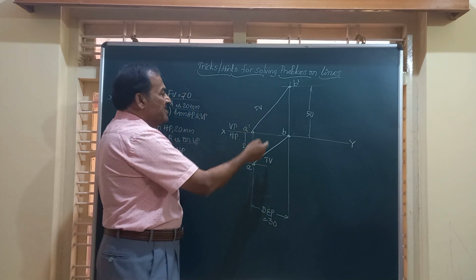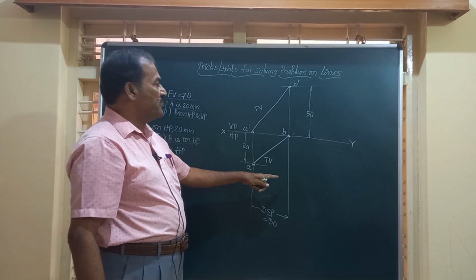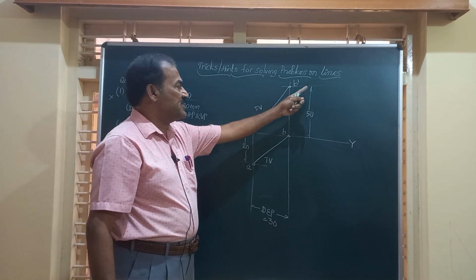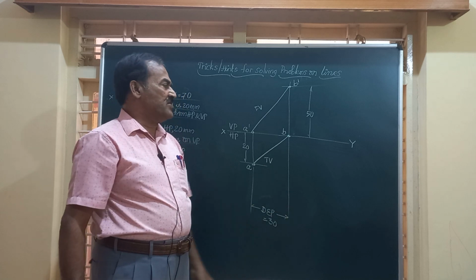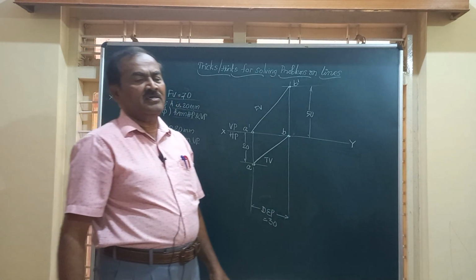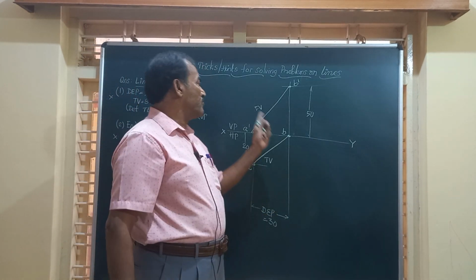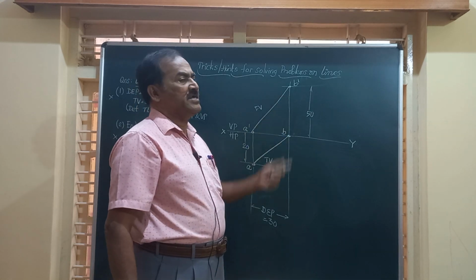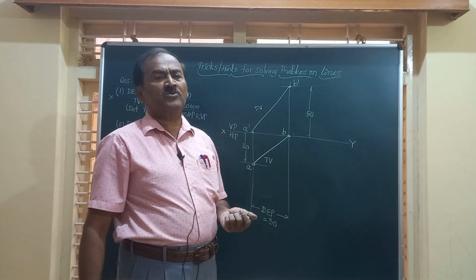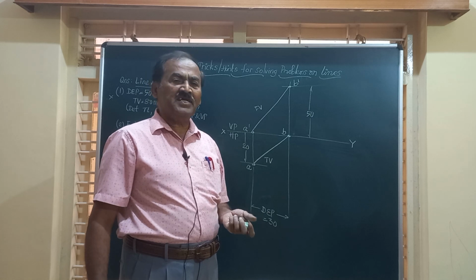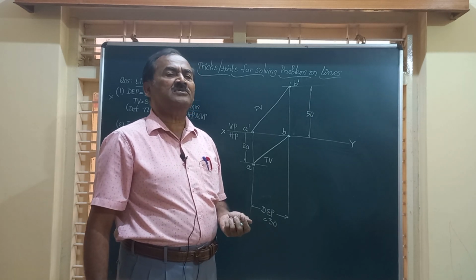You have got the front view, you have got the top view, you have the loci of the end B and that of A. Friends, after getting these 4 points A dash, A, B dash, B, getting the true length, getting theta, getting phi is very easy.